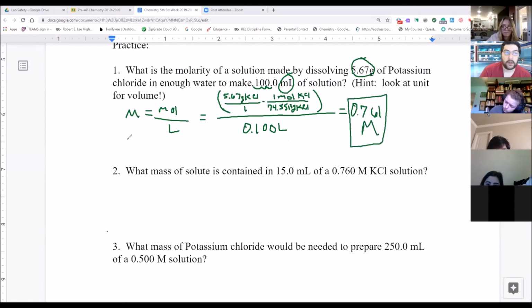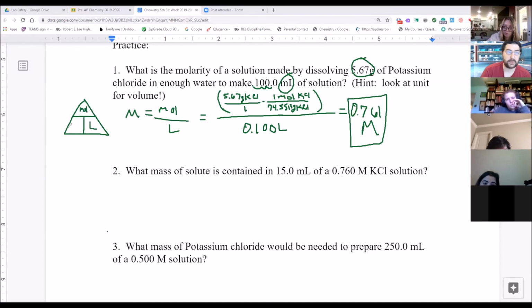So, we also, not sure if we talked about it or not, so I'm going to do it here very quickly. Our original equation right here is moles per liter. So we have moles sitting on top of liters.